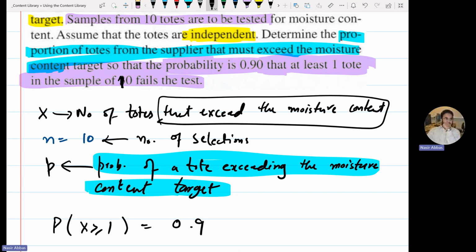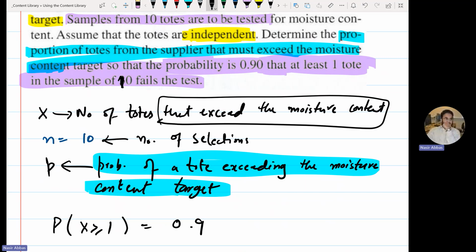How will you solve this question? If it's 30, you cannot solve it if n is different. Yeah, you can solve it. Take n equals 30, but it should be 30 over there also. It should be consistent. The question should be 30, 30. You can solve it with any n. N is given to be 10. Probability of x greater than or equal to 1 is given to be 0.9 and p is required. How will you solve this?